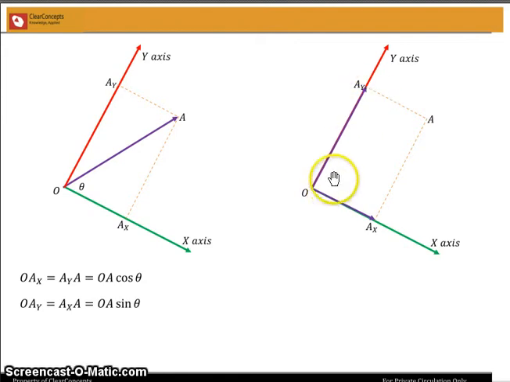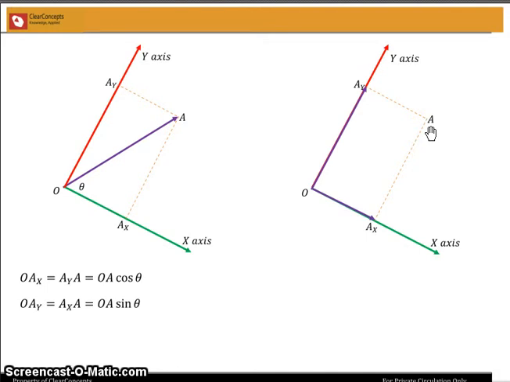As soon as I have that, all I have to do is from AX construct a line perpendicular to the x-axis, and from AY another line perpendicular to the y-axis, both of those lines meeting at the point A. Now, since there is only one line that is perpendicular to a given line, both AYA and AXA, that is the perpendiculars from AY and AX, are unique lines, and therefore their point of intersection A is also a unique point.